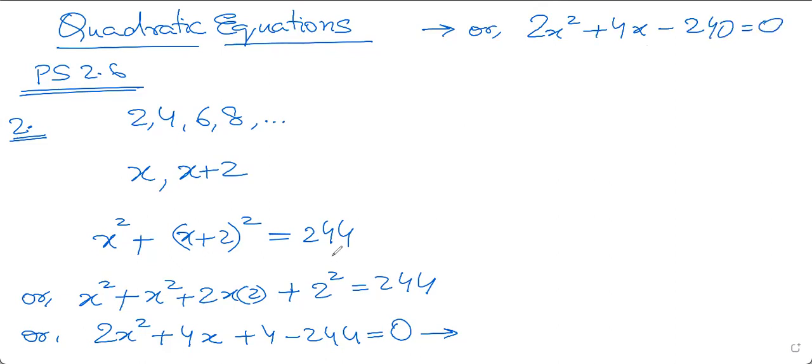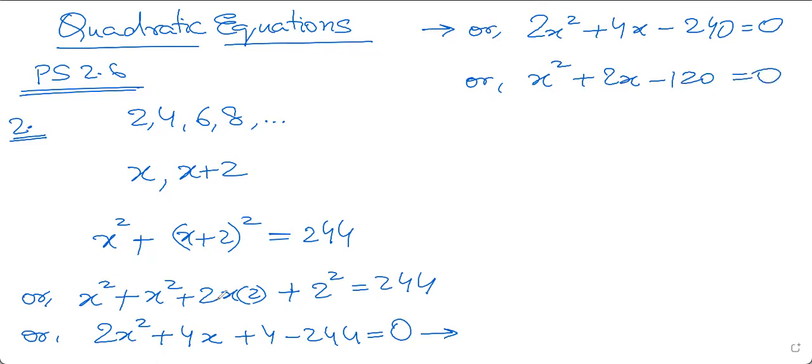Now, because you have understood what even numbers are, you will already see that the coefficients 2, 4, and minus 240, all three of them are even numbers. So if you divide all of them by 2, x square plus 2x minus 120 equals 0.